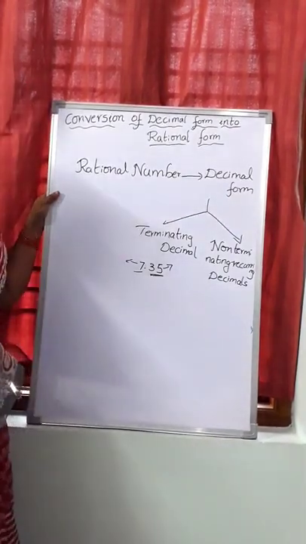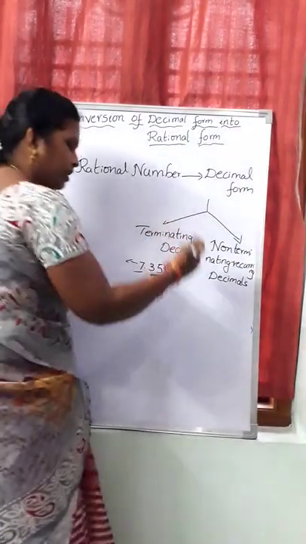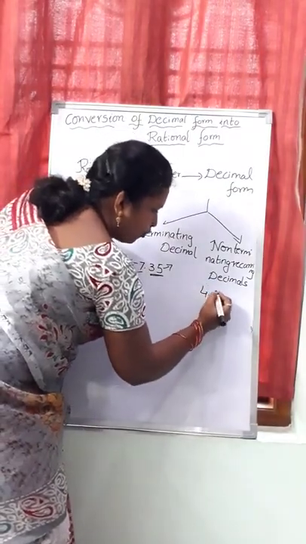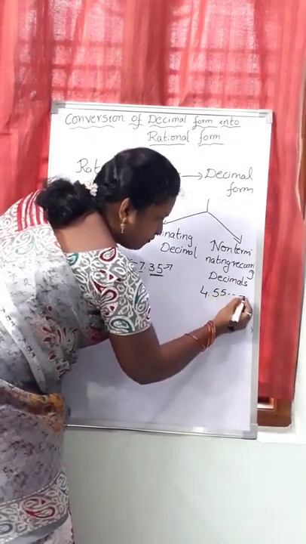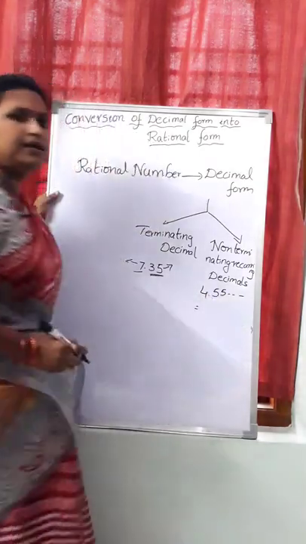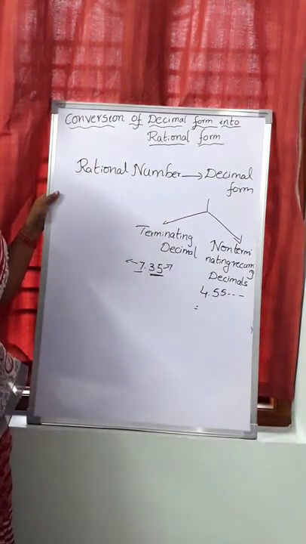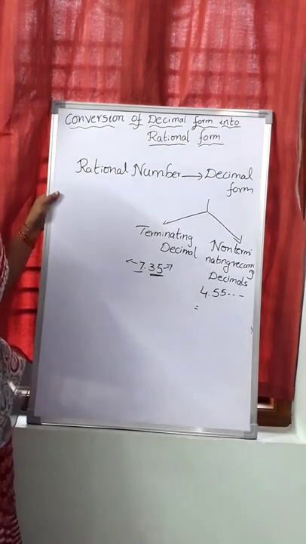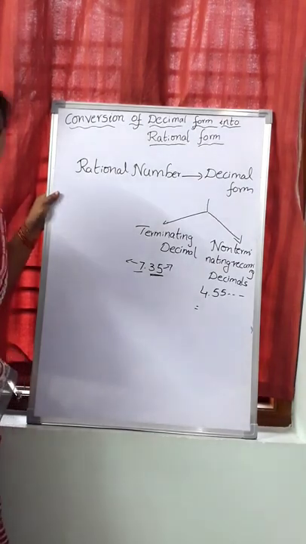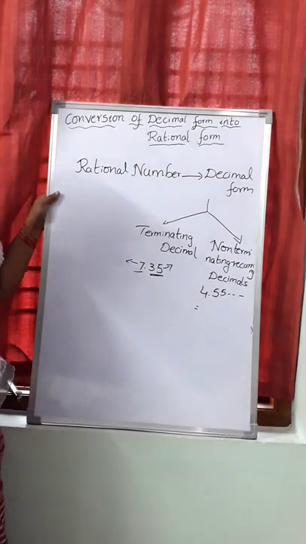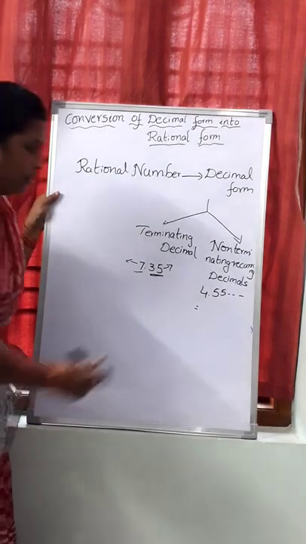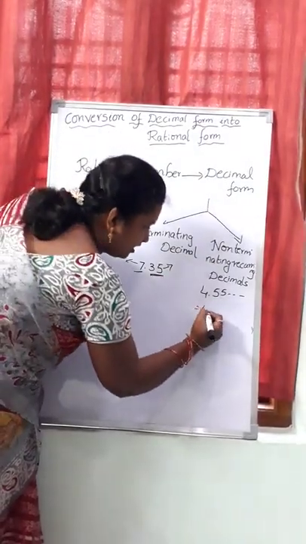And what is a non-terminating decimal? For example, 4.5555 and so on. That means in the decimal part, if a digit or more digits are repeating infinitely, then it is a non-terminating recurring decimal.